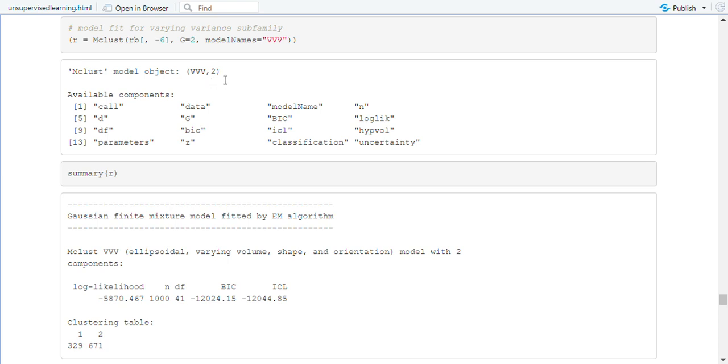Two clusters are formed. Available components: call, data, modelName, n, d, G, BIC, loglik, df, bic, icl, hypvol, parameters, z, classification, uncertainty. Summary of R.